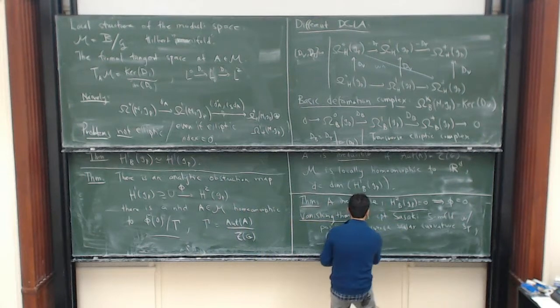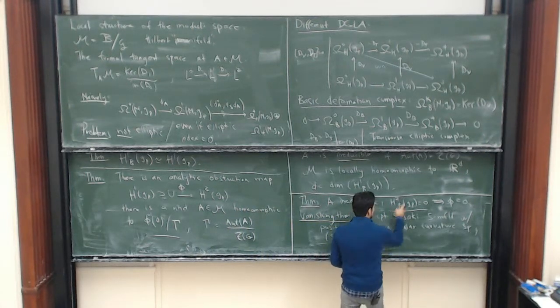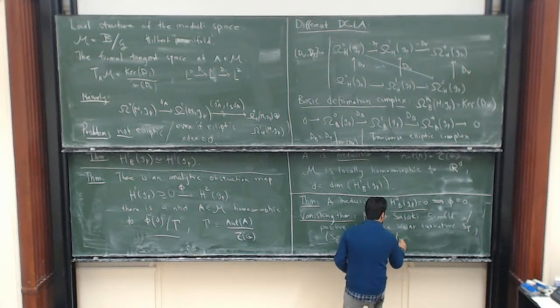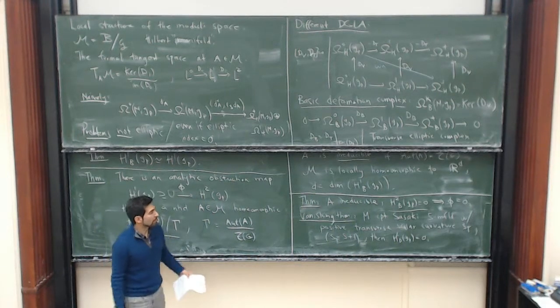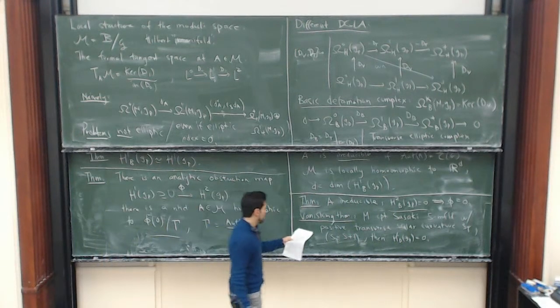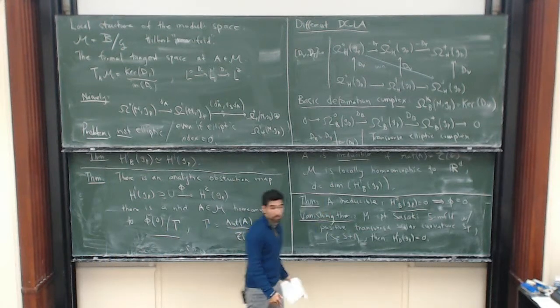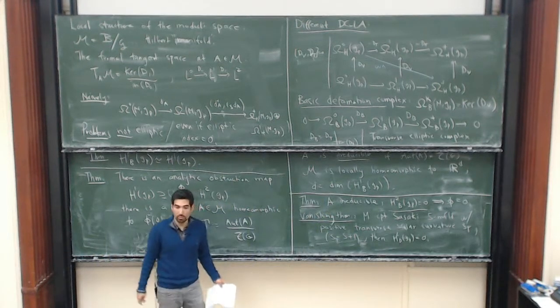Then this basic homology group is trivial. So on any compact Sasakian 5 manifold, you get a smooth moduli space if the connection is irreducible.